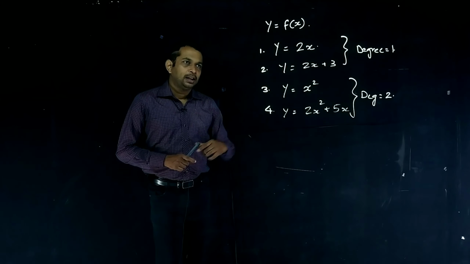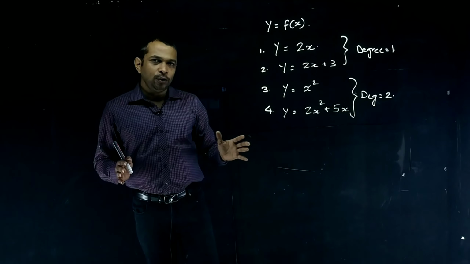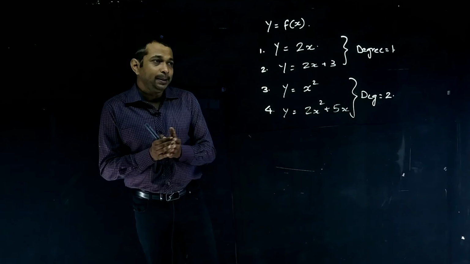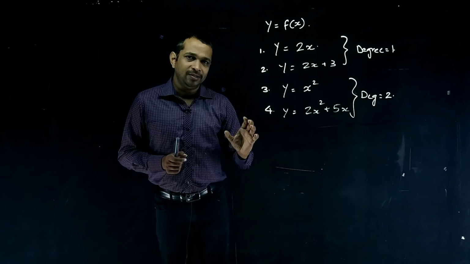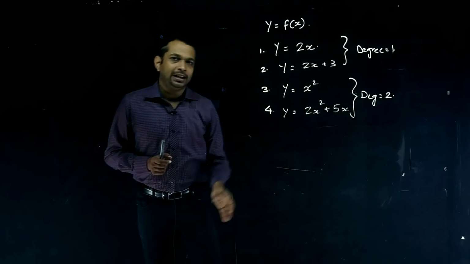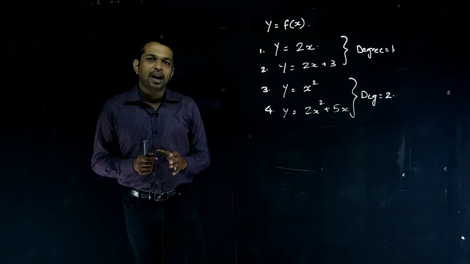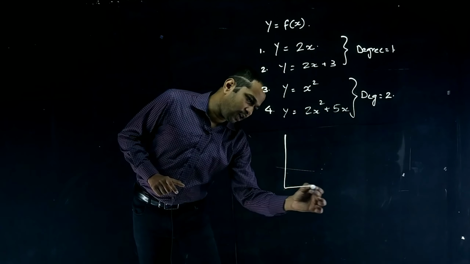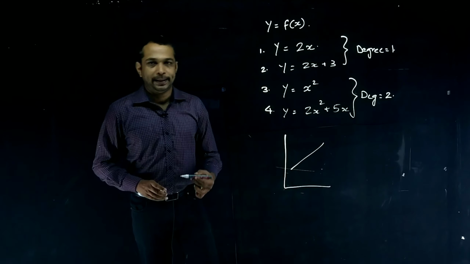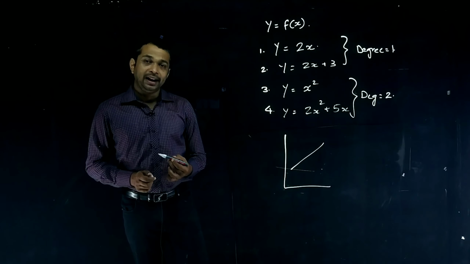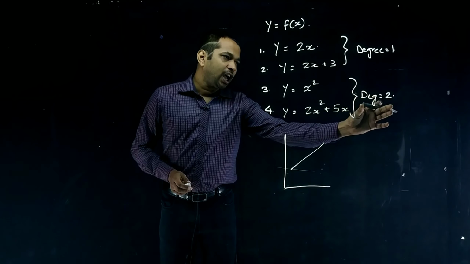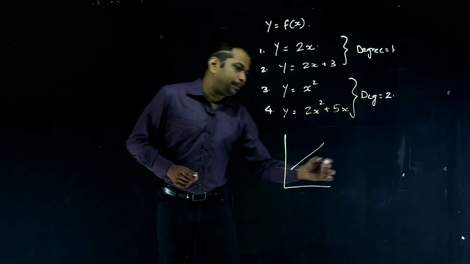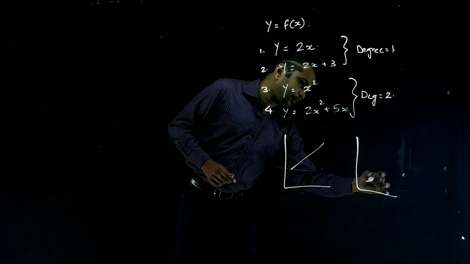Generally, keep it in your mind, this is very important. If you plot a graph for a first degree equation, the graph will be a straight line. And if you plot a graph of a second degree equation, the graph will be a parabola.